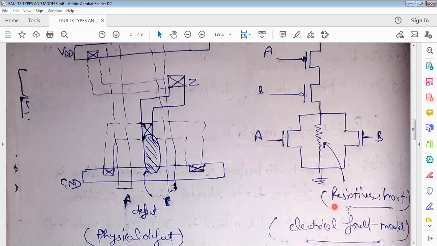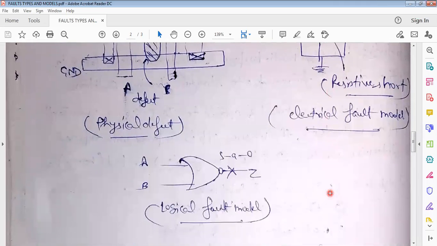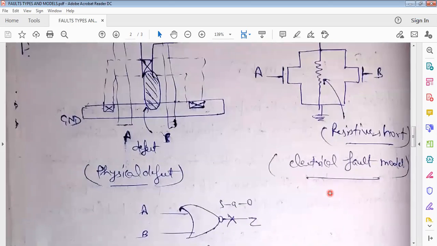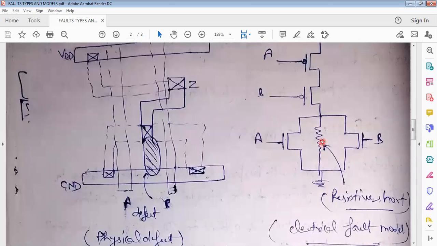This is known as a resistive short. Now due to this resistive short, a logical fault may occur. How will this logical fault occur? If the value of this resistance is very low, it can work as a short circuit. If it is working as a short circuit, then the output will be stuck at 0.